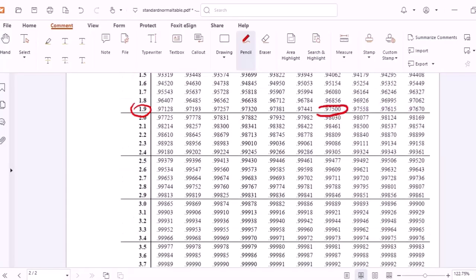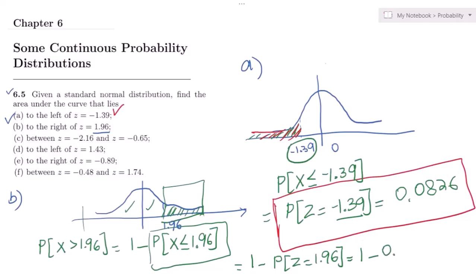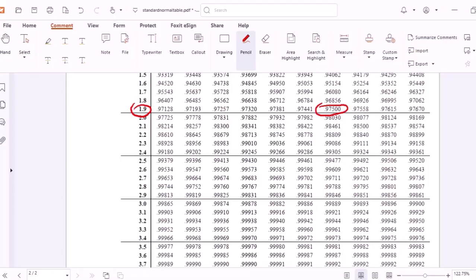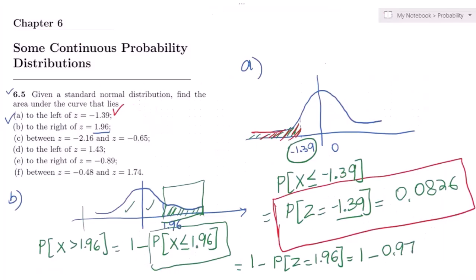So this one is here, and it is 0.975. Subtracting it from 1, what would I get?